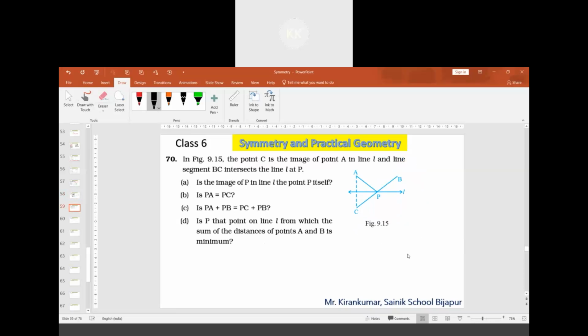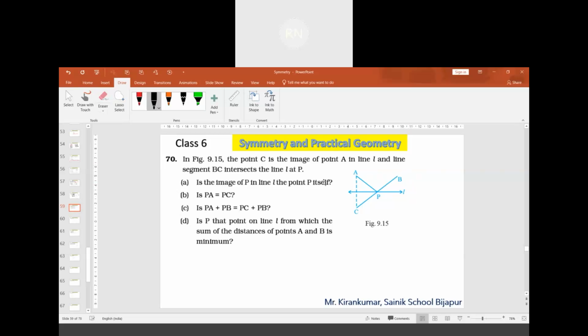Let's have a look at the 70th question. They have given a figure here. In this figure, point C is the image of point A in the line L. L acts as a mirror here.